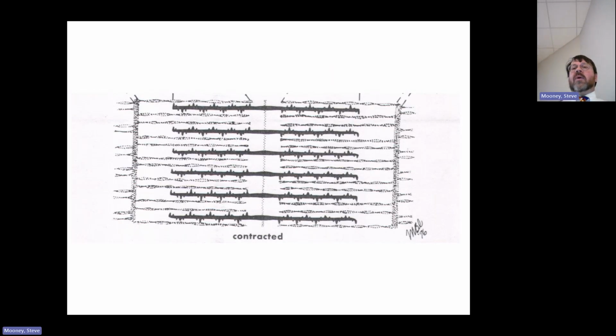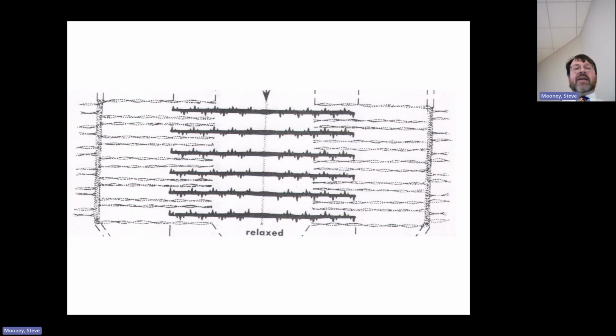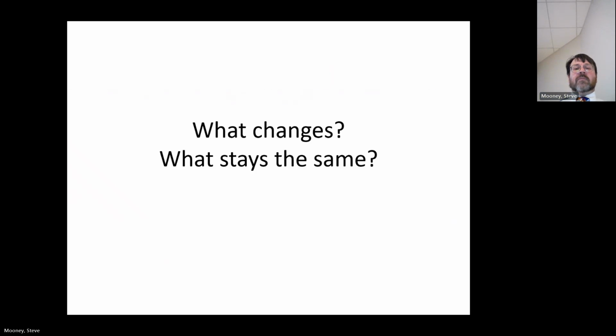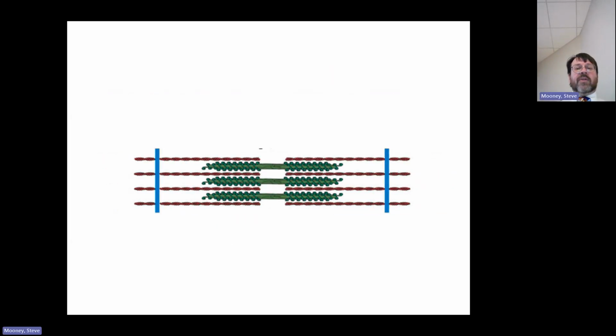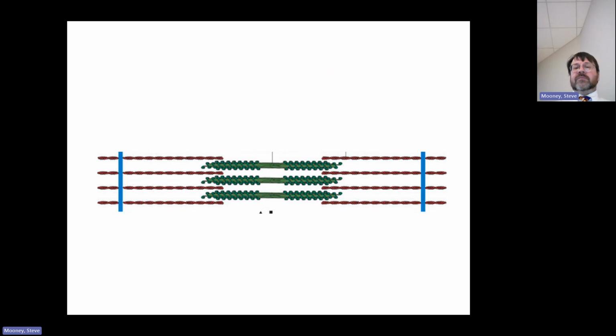So depending on where we are, whether the calcium is in the T-tubules or not, so another diagram of the same thing. The calcium is present, the thick filaments climb up the actin helix.